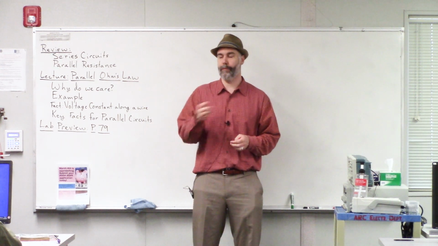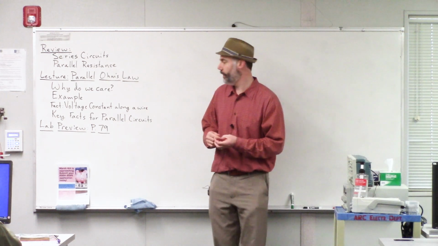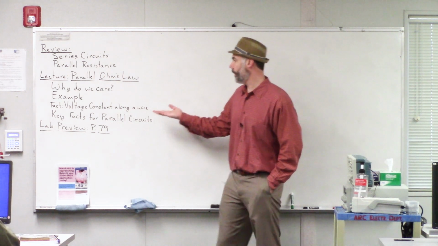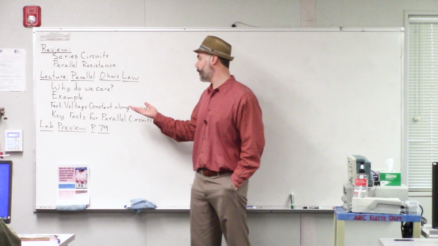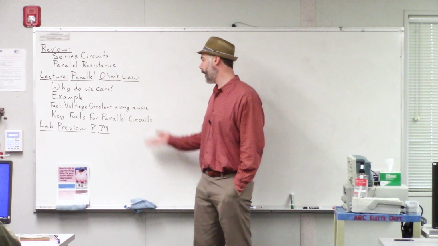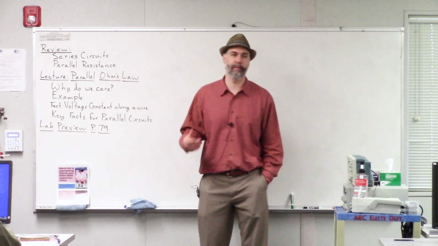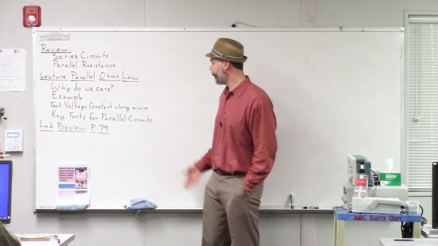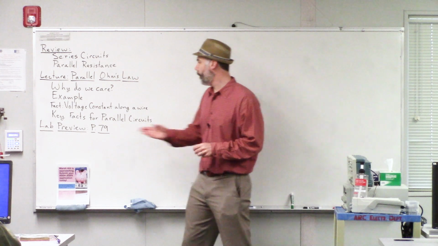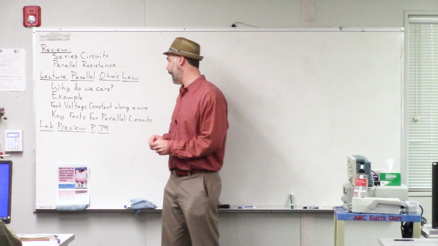But was the voltage the same? No, the voltage could change. So that's how it was in series circuits. We're going to look at the voltage and current in parallel circuits, and we're going to actually find out that it's the opposite, believe it or not. So we'll take a look at that, and then we'll go on and do a preview of today's lab.